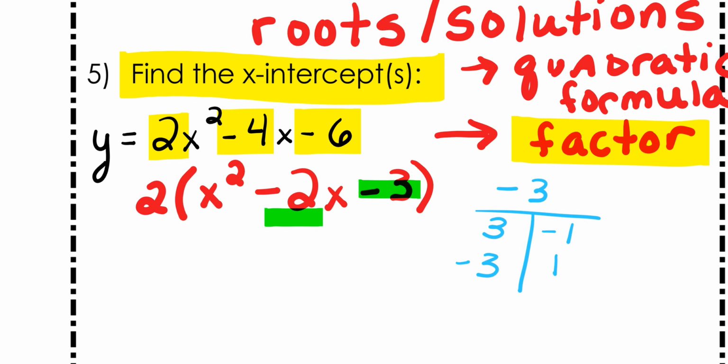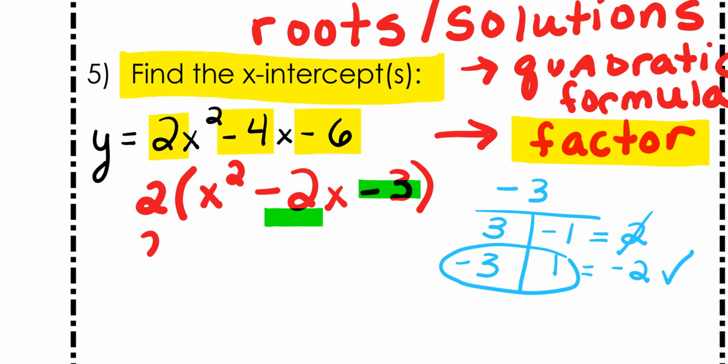Well, looking at the first one, 3 minus 1 is going to give me 2. That's not what I want. I don't want 2, I want -2. So again, let's look at the next one. -3 plus 1, that gives me -2. That's exactly what I want. So these are going to be the factors that I use when I start setting up my 2 bubbles.